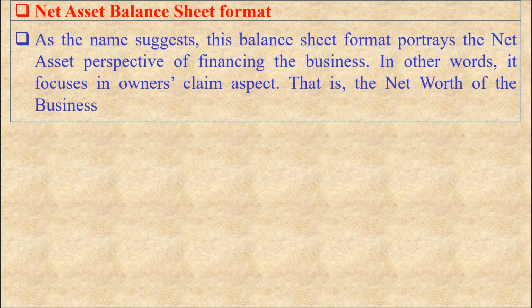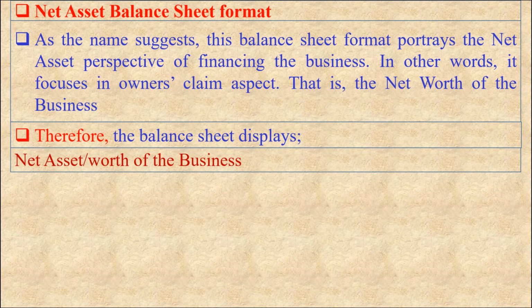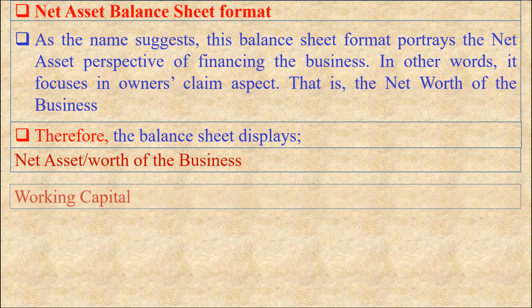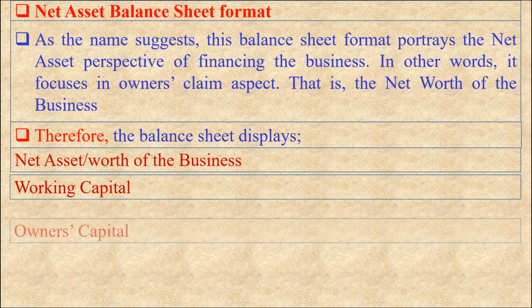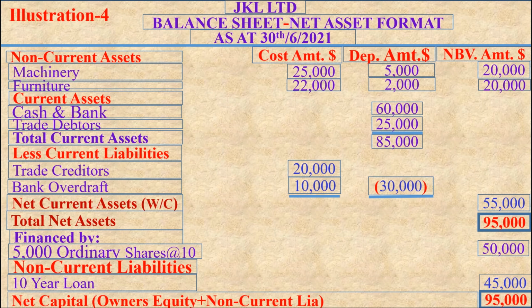In this approach, just to substantiate, it portrays clearly the internal long-term sources of finance, that is equity, and also the long-term sources of finances from third parties. So this balance sheet format normally displays the net asset or net worth of the business, working capital, owner's capital, non-current liabilities, and so forth.